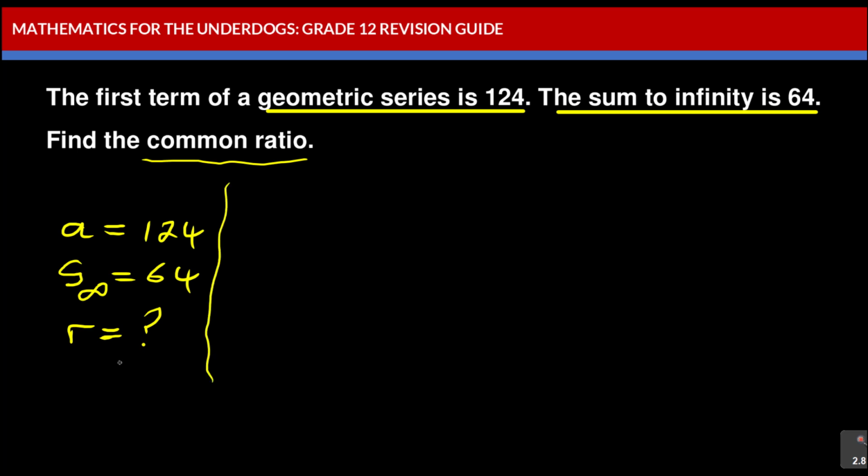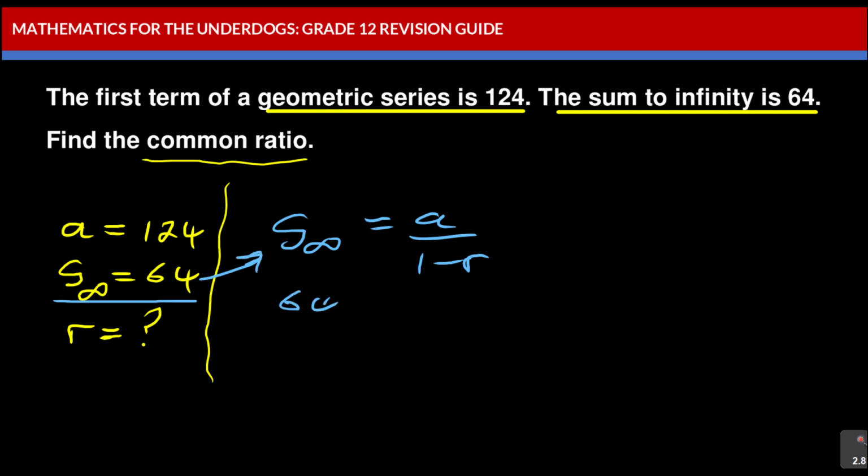Then r is what we're trying to find there. And then what we do from here, you are given the formula for the sum to infinity. The moment they say sum to infinity, write that formula. Sum to infinity is equal to a over 1 minus r. Are you with me? Then we know the sum to infinity. They told us it is 64. Then you say 64 is equal to, what is my a, which is 124, over 1 minus r.